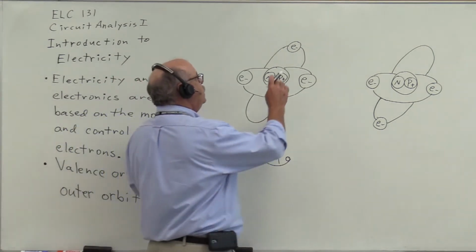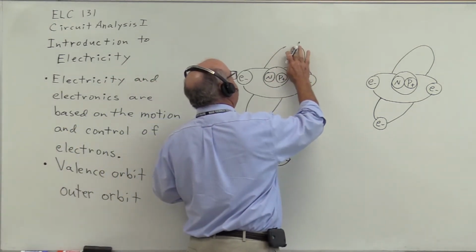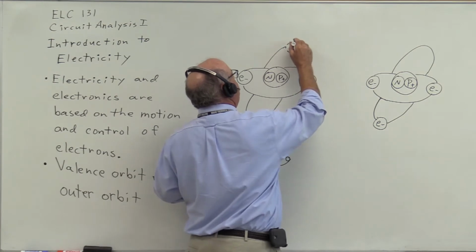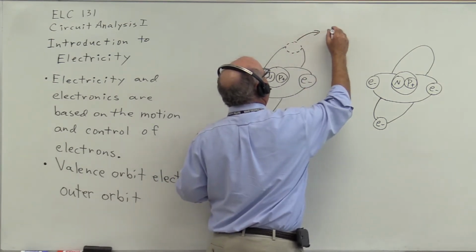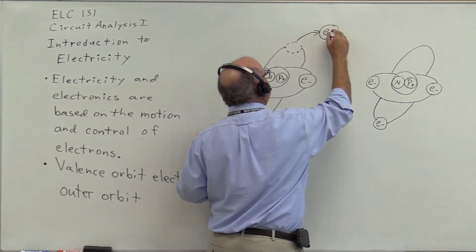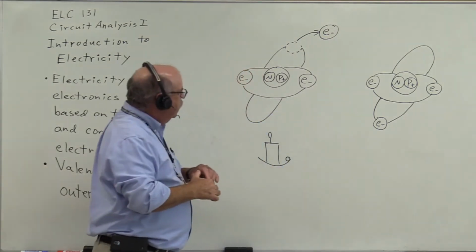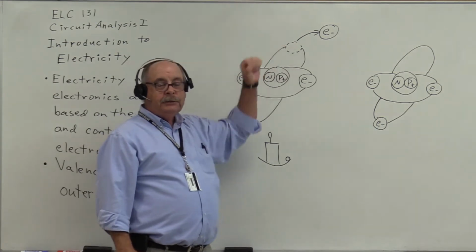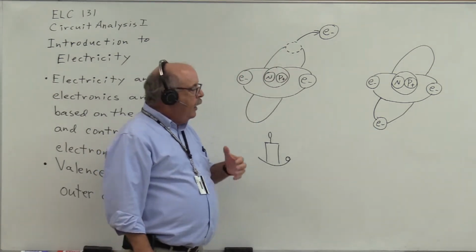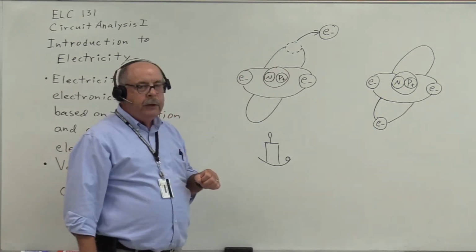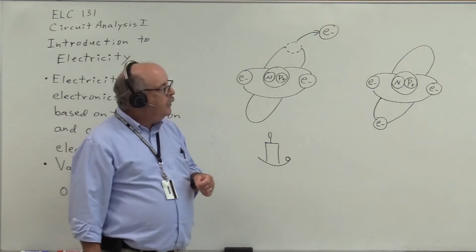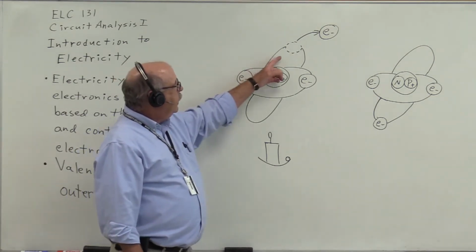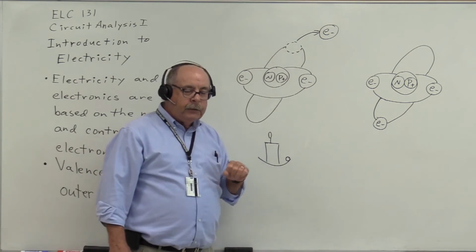And the energy is transferred into the motion or movement of this electron. When the electron leaves its valence orbit, it gains some energy.